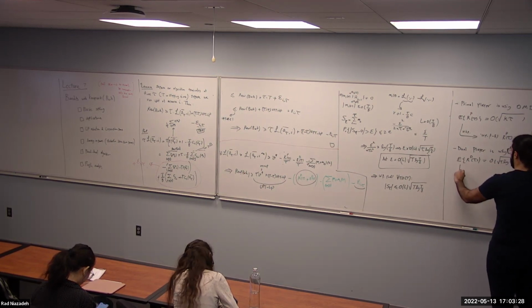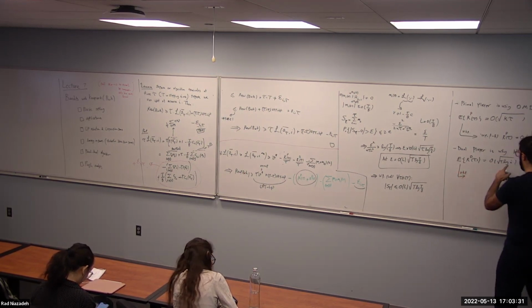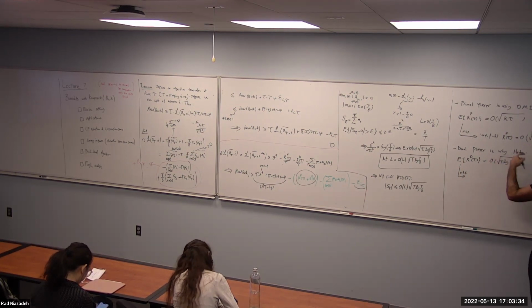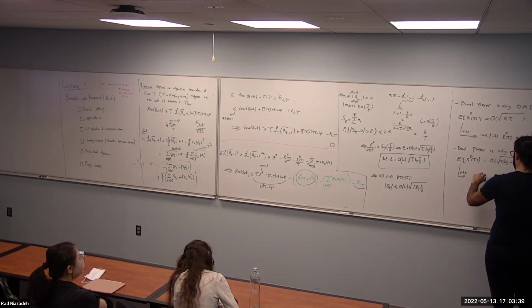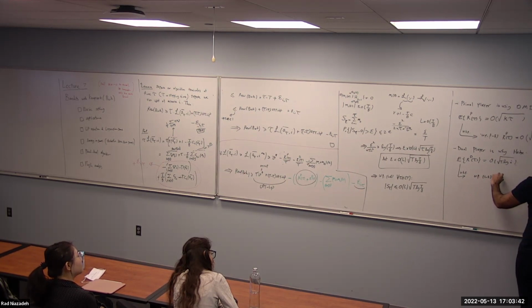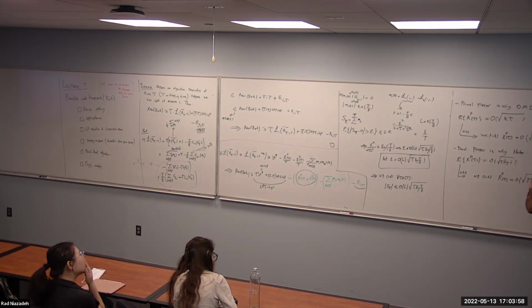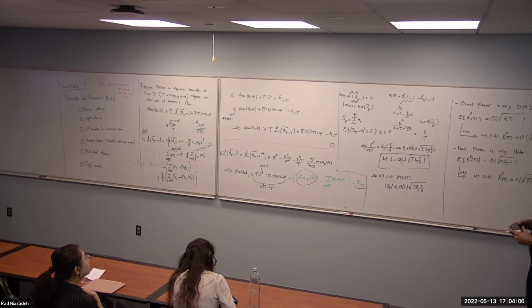And if you want to get a high probability bound, somehow you have to have this bound hold for every tau, and then you have to do a union bound over all the rounds. So you can say with probability 1 minus delta, R_D of tau for every single tau is going to be order the square root of T log D times log of T divided by delta. I replaced tau with T because this is just an upper bound.